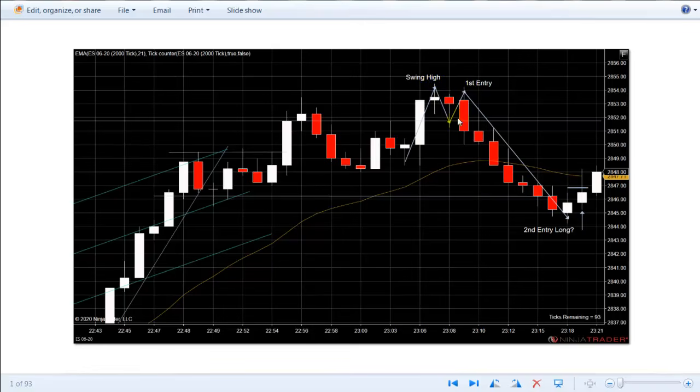And because that's all one move down, it's really just one leg, you're probably going to get another leg down. So the whole idea is to look for your two legs of correction. So this is a way you use the context. Count that as a new high and that all is one leg because it looks like one leg. Just look at it.